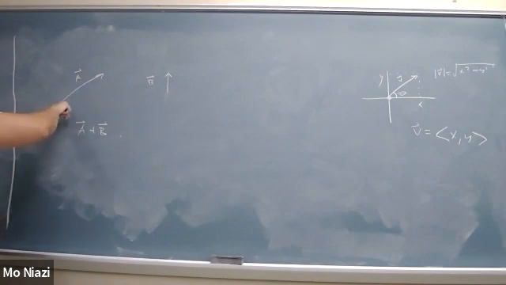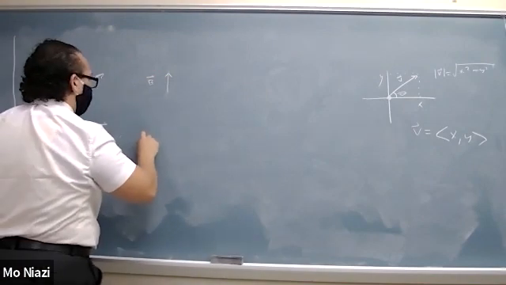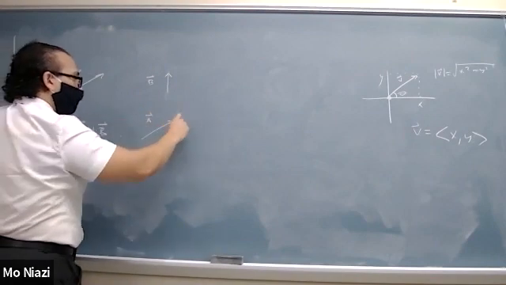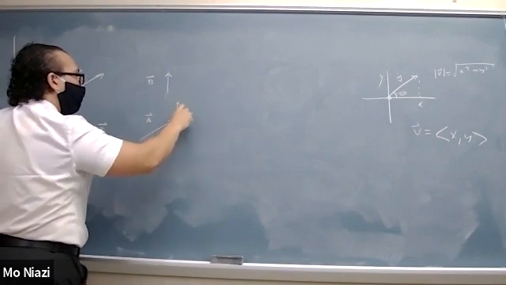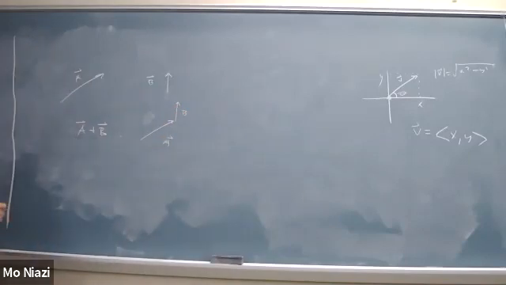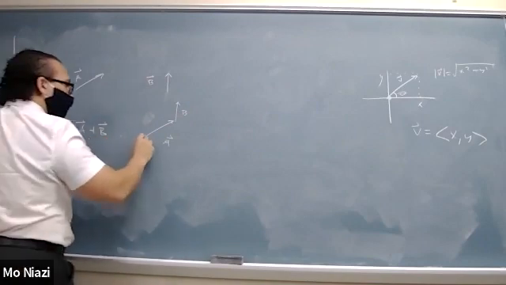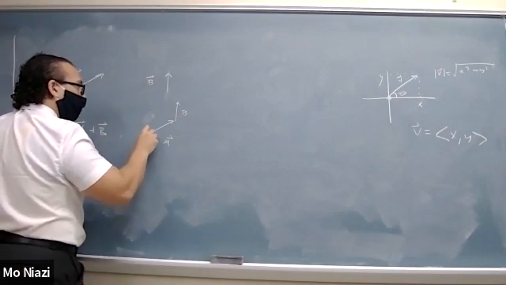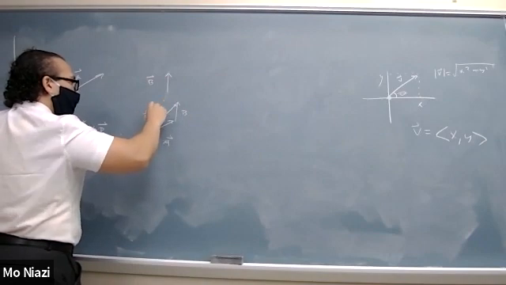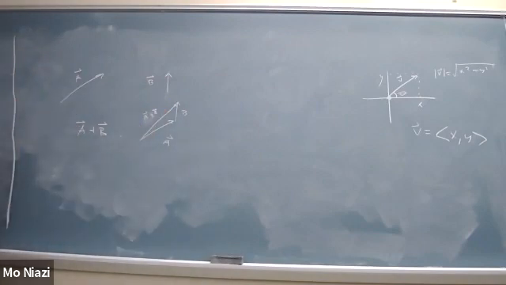This is the head, this is the tail. So you have to line up one of the vectors, head to tail, head to tail. Okay? And once you do that, you connect the head all the way to the tail to form the new vector, A plus B. You see that?